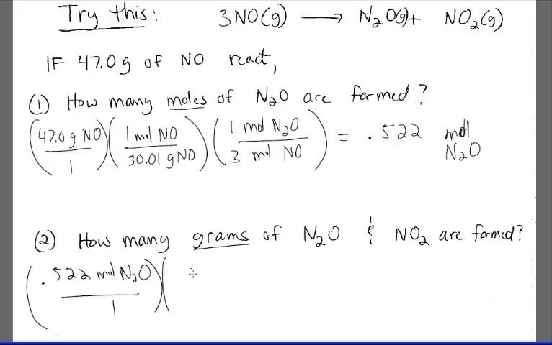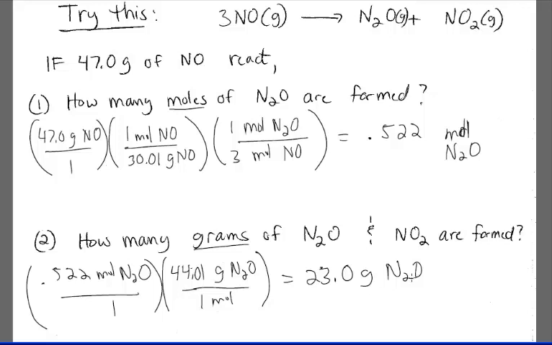So start with 0.522 moles of N2O, and multiply by its molar mass, 44.01 grams N2O per mole, and you'll get 23.0 grams N2O are formed. All right, but what about NO2? Well, the mole ratio of N2O and NO2 are the same.